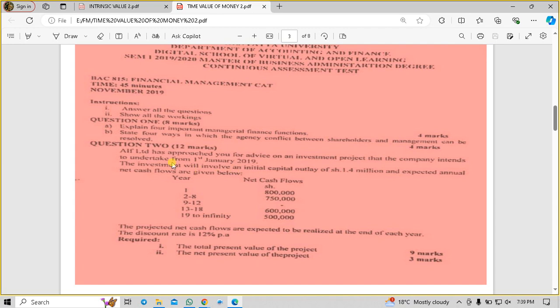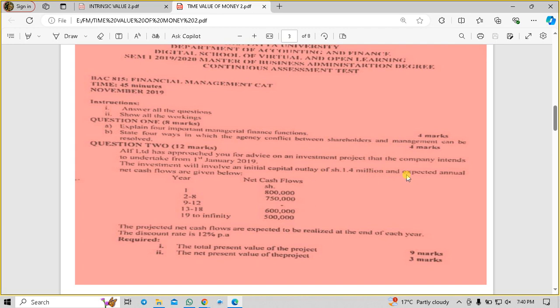So we have a company here that has approached you for advice on a certain investment project, and the initial capital, that is the capital that they want to use so that they can do the investment, is 1.4 million.